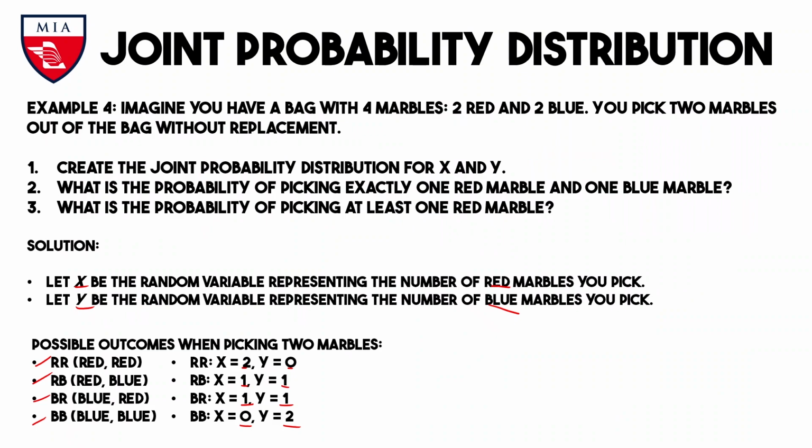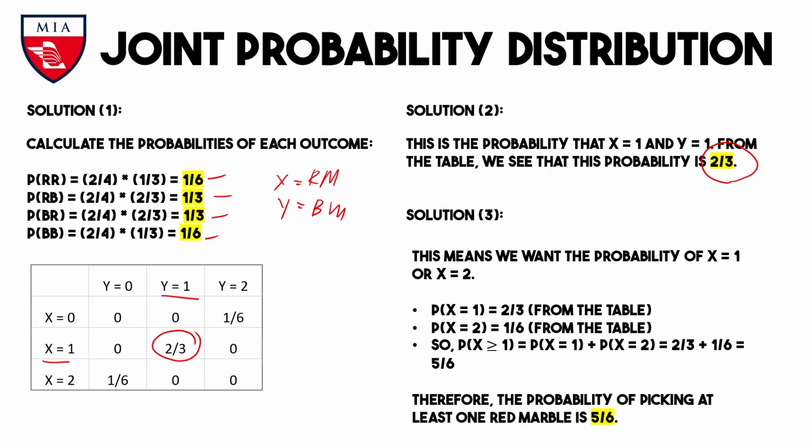So required number 3, what is the probability of picking at least one red marble? So in terms of this, we need to find the numbers that are at least one red marble. We are under this row. So this x0 is excluded because, okay, it has no red marble.